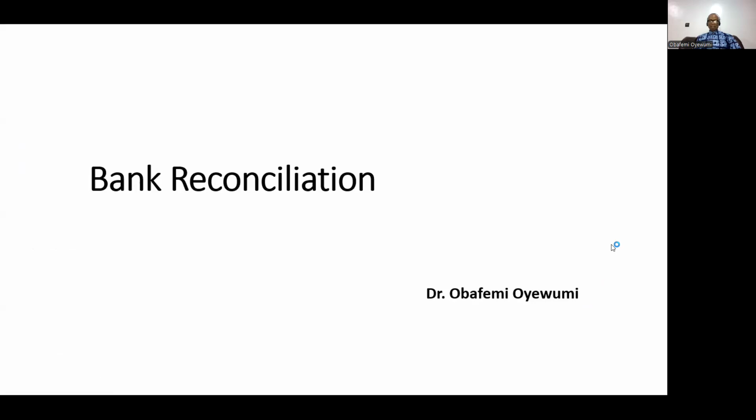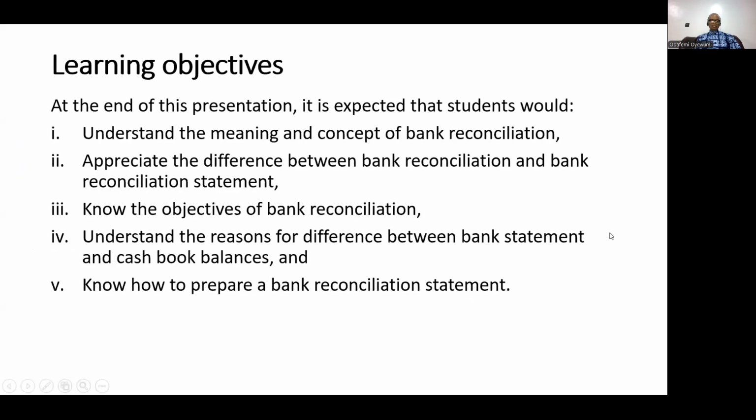So let's start. What are the learning objectives at this particular time? At the end of this presentation, it's expected that students will understand the meaning and concept of bank reconciliation. And not only that, they will be able to differentiate between bank reconciliation and bank reconciliation statement. They will also be able to know the objectives of bank reconciliation, that is to say, why do we have to carry out bank reconciliation?